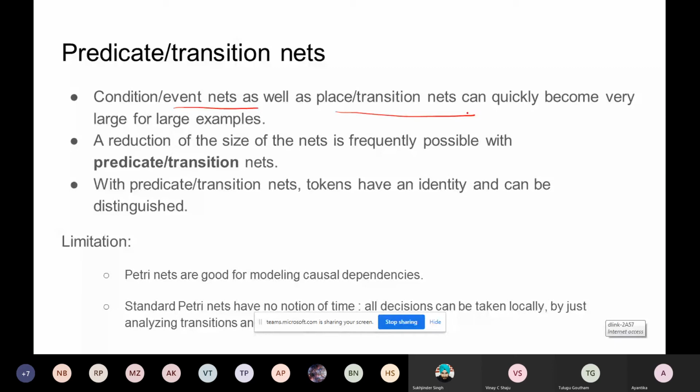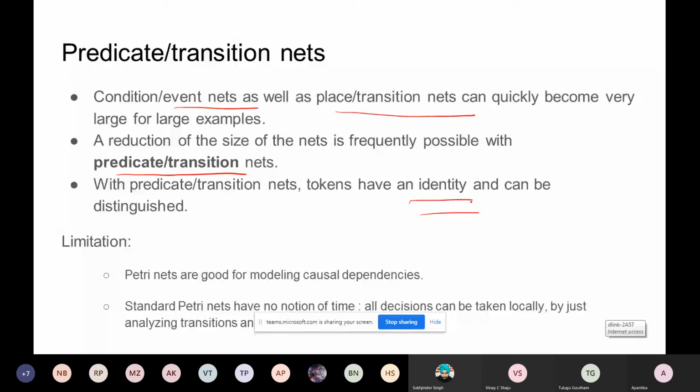So to minimize or restrict the size of the Petri net, there is one modified transition net called predicate transition nets, where with each token we are associating some identity, some specific values or some specific types. In that way we are modifying this net to reduce the overall size.